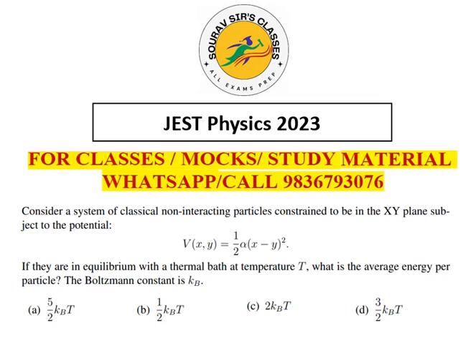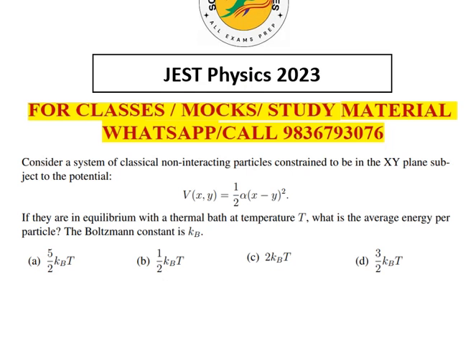The Boltzmann's constant is kB, so we need to find the average energy per particle. Since we are given the potential, we will use the equipartition theorem.